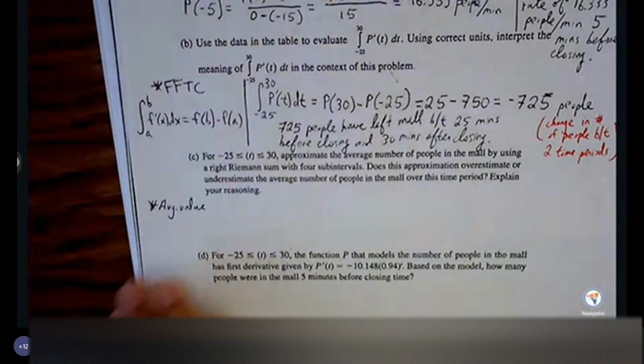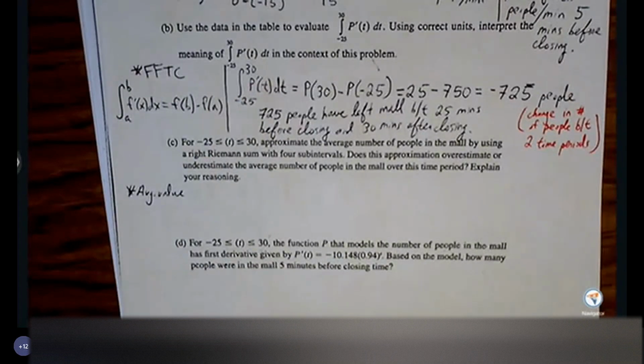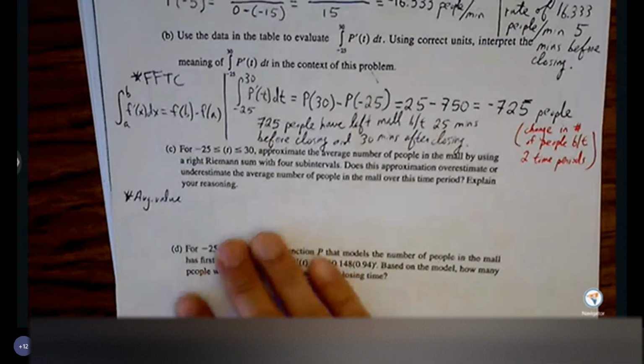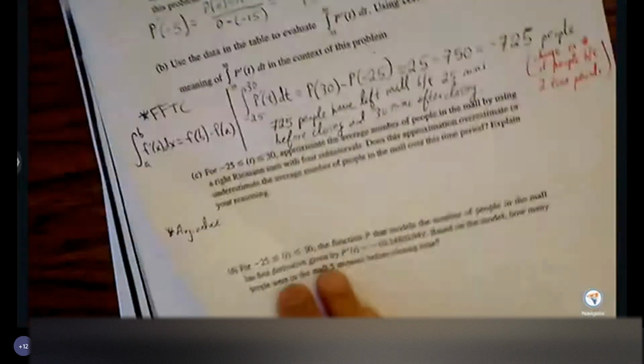Mr. Yang? Yes. So where can I find the specific rules for Riemann sum? Let's see. Because I don't think they were on the formula sheet. Let me see. Formula sheets.